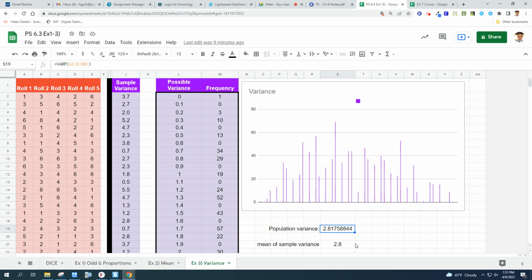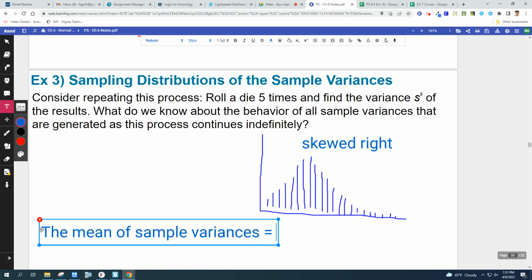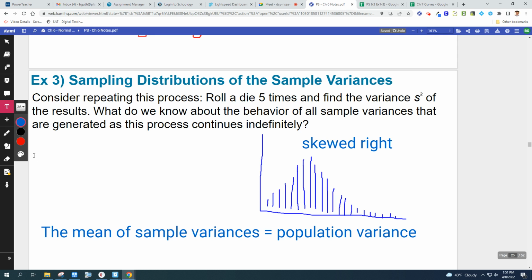But this is exactly our conclusion: the mean of the sample variance equals the population variance.